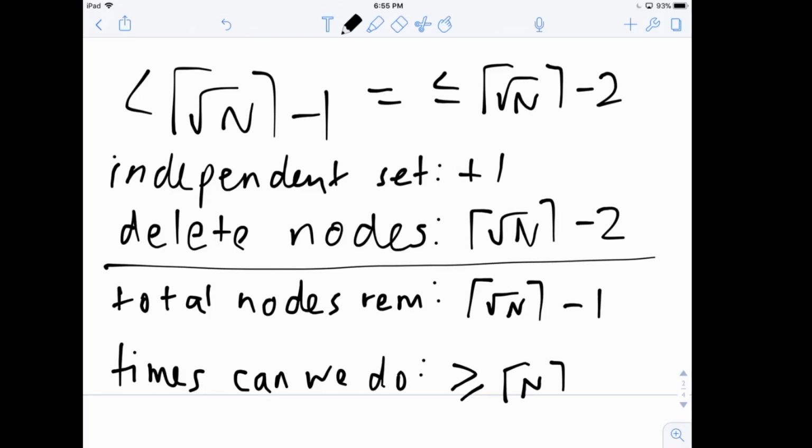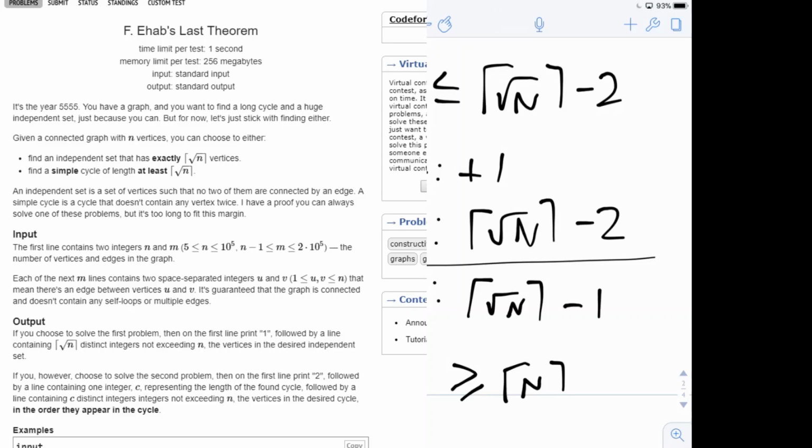So since this is the ceiling of square root of n minus 1, we can do this at least the ceiling of square root of n times. Okay, so if we're able to do this, the ceiling of square root of n times, then we've solved the problem in type 1, where we found an independent set of exactly square root of n vertices.